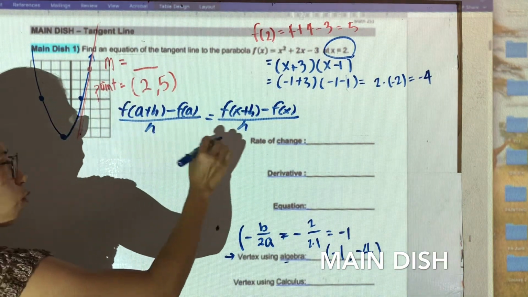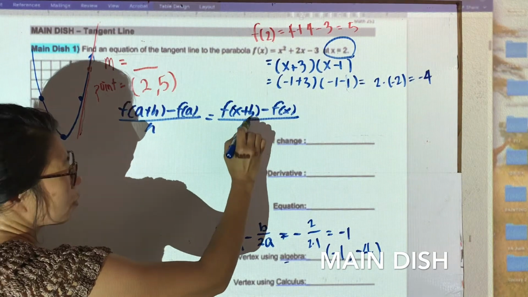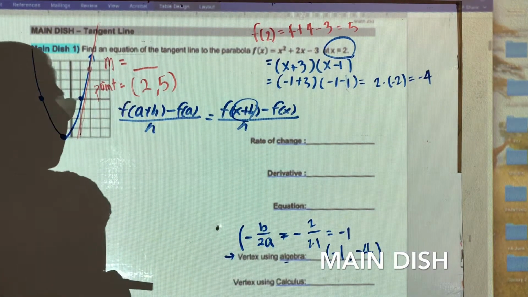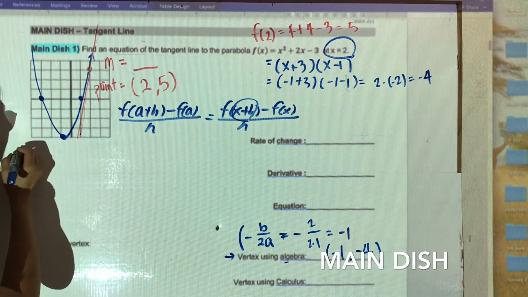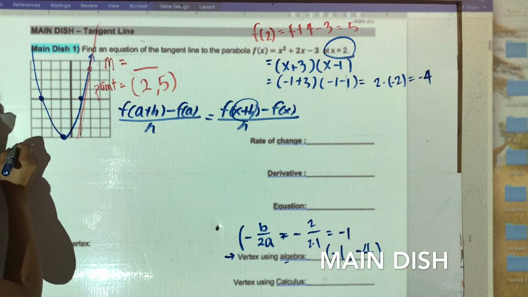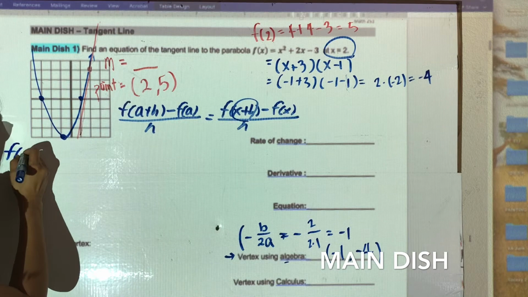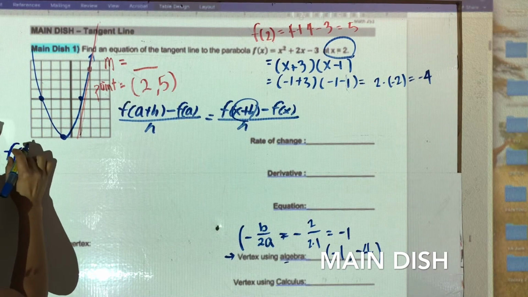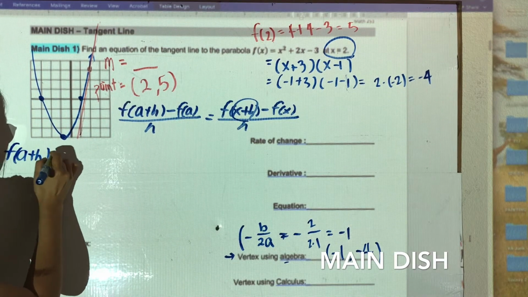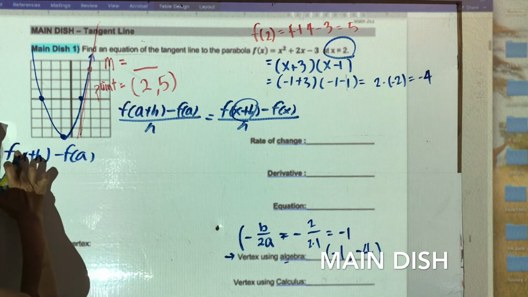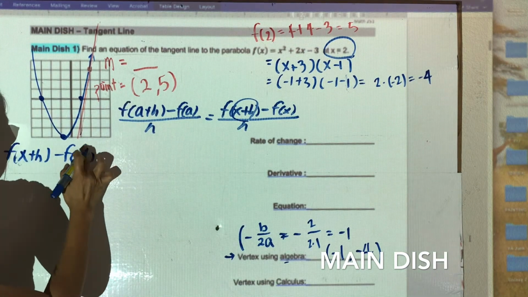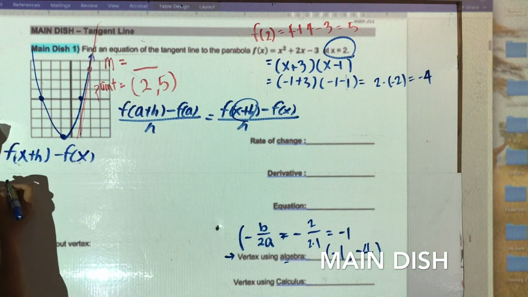Earlier I changed to a, since students get confused with some of the x values here. So let's plug it back. Either way is fine for me. You can do whichever. It's going to turn out nicely if you do x.